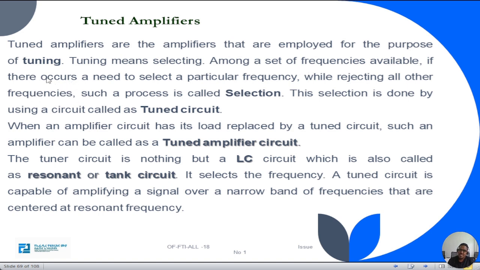If there is a need to select a particular frequency while rejecting all other frequencies, we can call that process selection. This selection is done using a circuit called a tuned circuit. When an amplifier circuit has its load replaced by tuned circuits, it is called a tuned amplifier circuit.